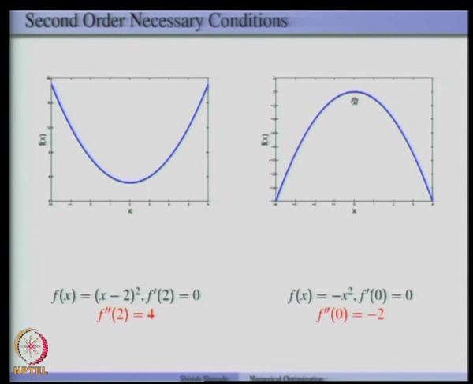Although the first derivatives of these two functions at these points are 0, it is the second derivative which tells us about the curvature, and that tells us that this point indeed is a local minimum and this point indeed is a local maximum.